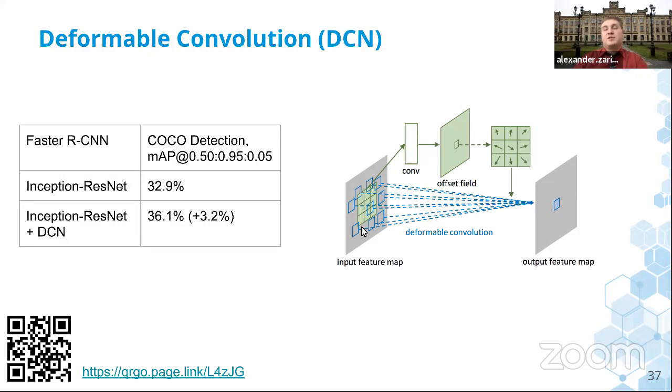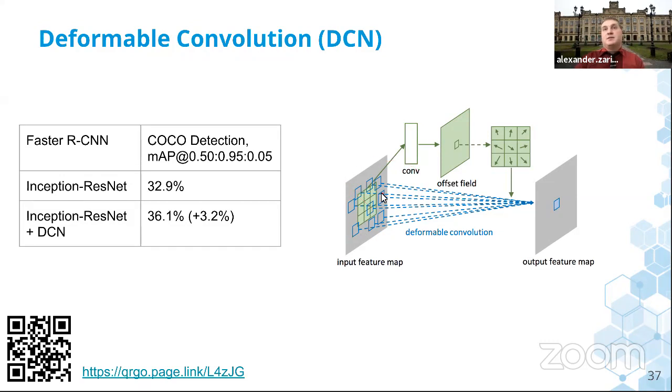So the authors came up with the following idea: what if, instead of applying pooling directly from this point cloud, we simply use these offsets to rearrange the input feature map in such a way that when we pool with a conventional convolutional layer, we will pull from this point cloud.